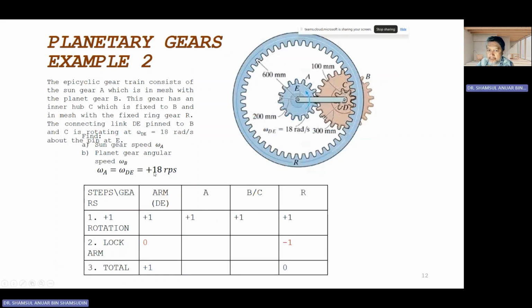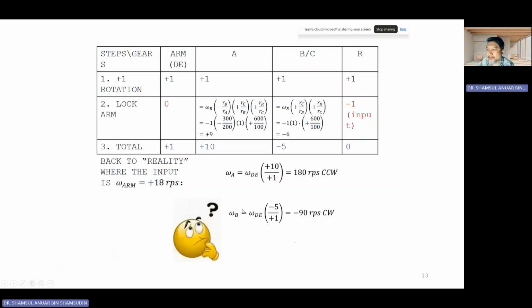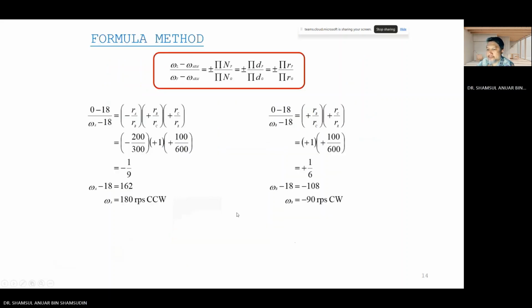Anyway, we have another example here. You can look at the solution here. This is the solution using the table method, and this is the solution using the formula method.